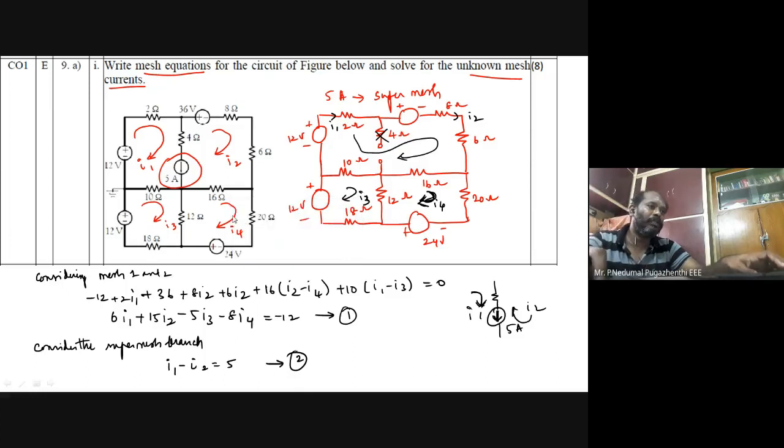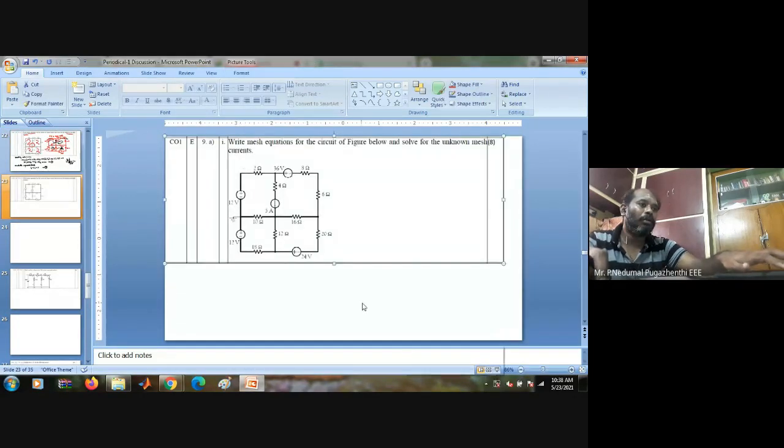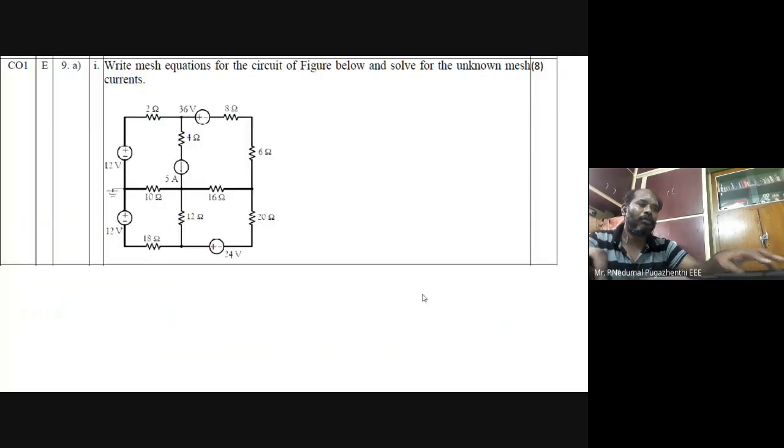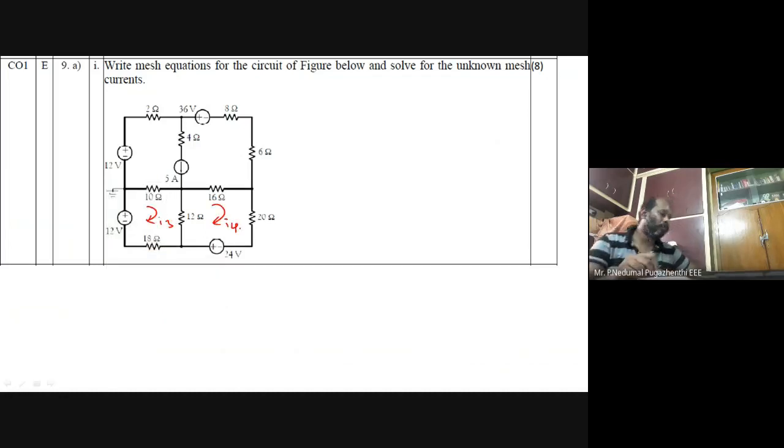For convenience, let me take this diagram, copy it and paste it here, so I can write it in a better way. I am interested in writing the mesh equations of I3 and I4.